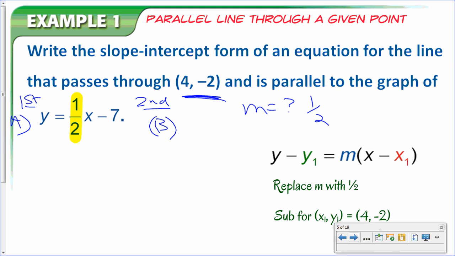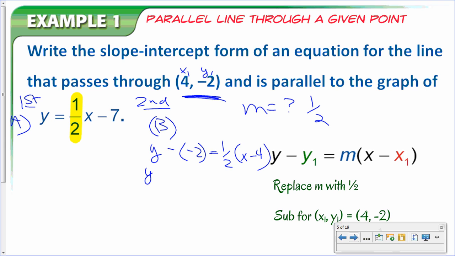Okay, so now, since I have point slope, I can go ahead and start at point slope and just simplify it. Y minus what? -2 equals 1/2 x minus 4. Good. That's where this comes from. X1, Y1. Now it's just a matter of simplifying it.